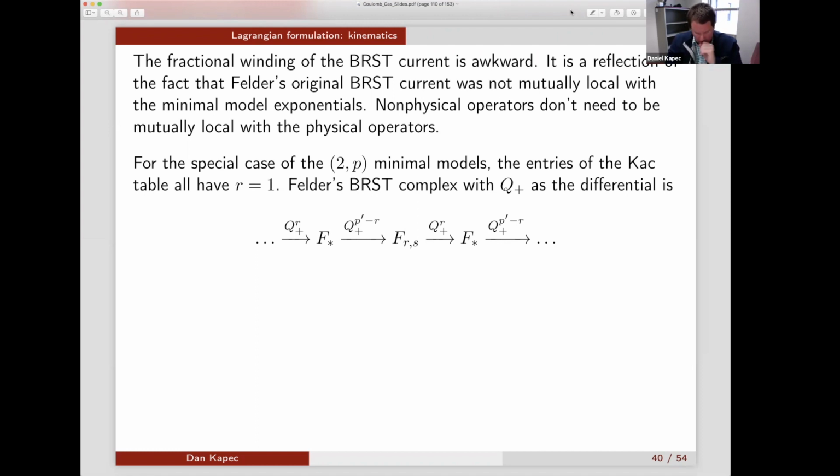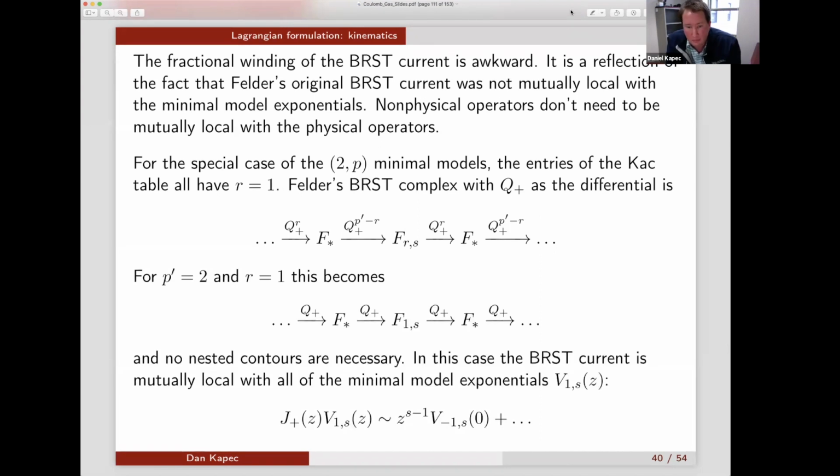I've been using Q minus, these integrals of e to the 2i alpha minus, to set up the BRST complex. You can also use Q plus, because it's basically the reflection of that operator. And if you look at the complex for the 2,P models using Q plus, you see that only a single integral is needed for each map from Fock space to Fock space.